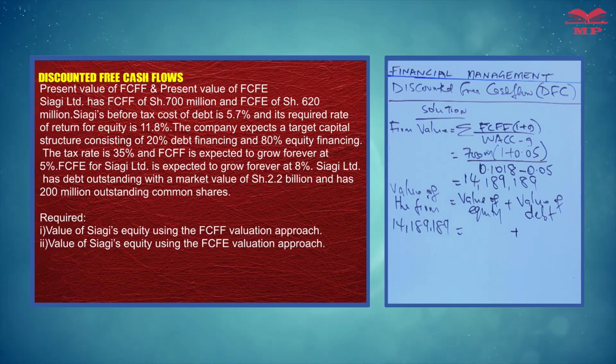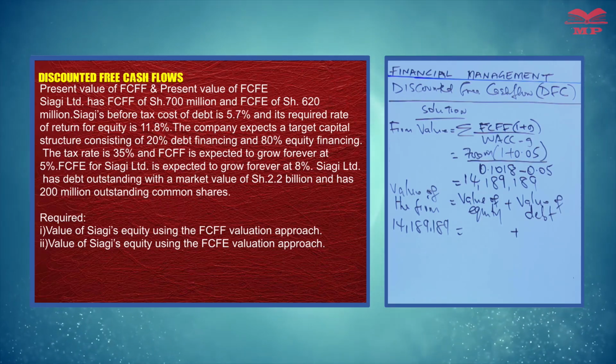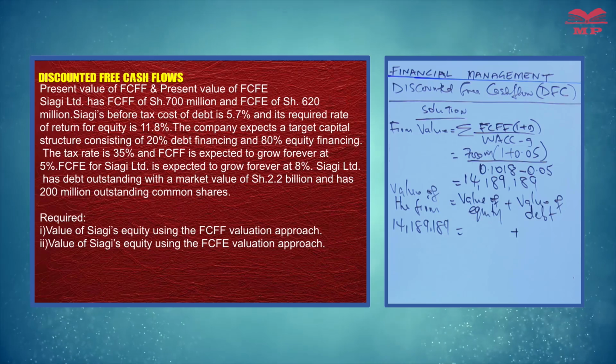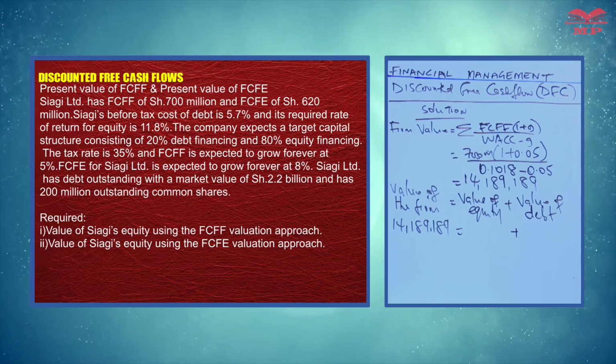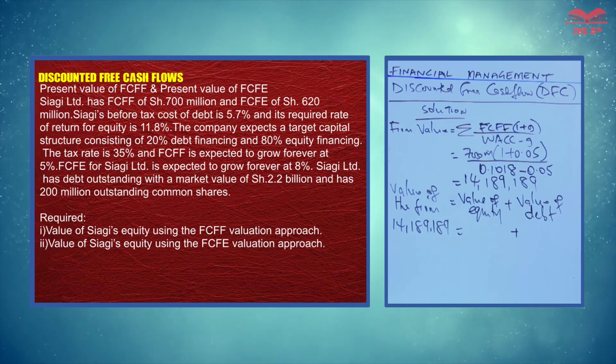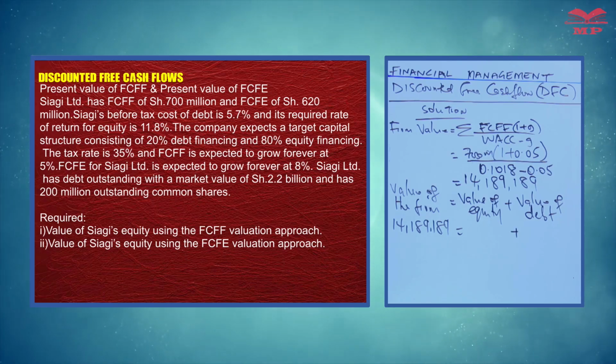What is the value of debt from the question? You can see down there. The firm has debt outstanding with the market value of 2.2 billion.